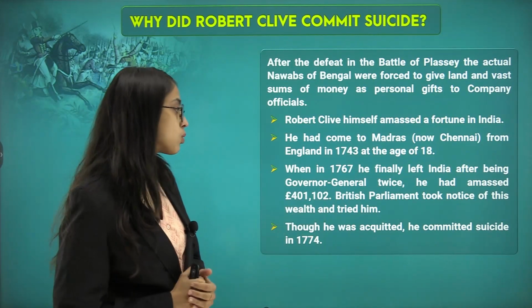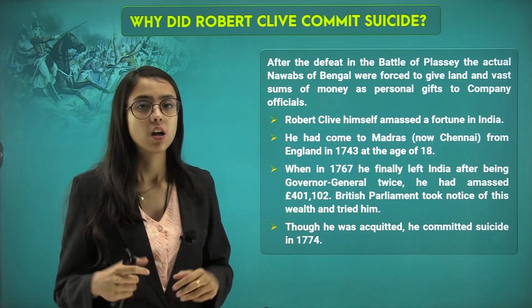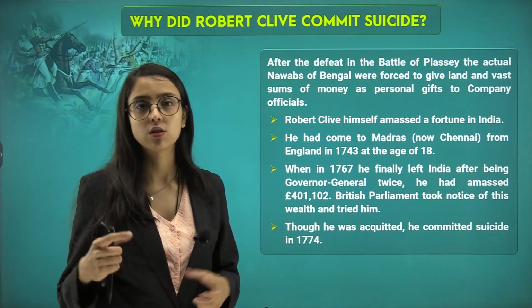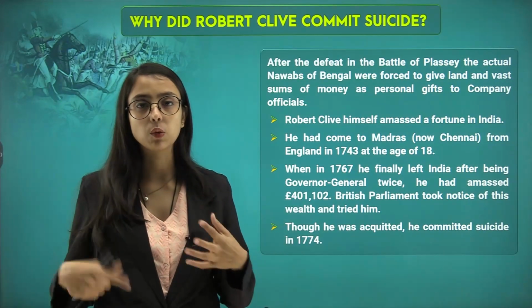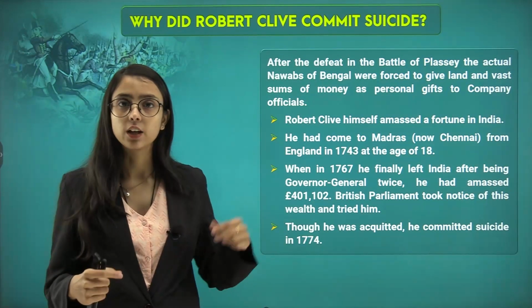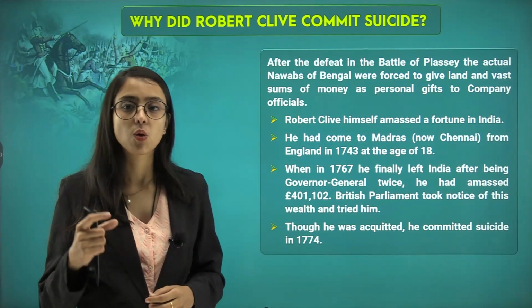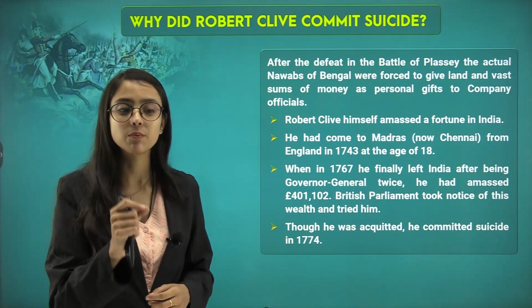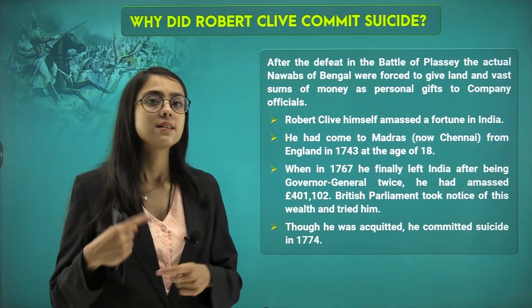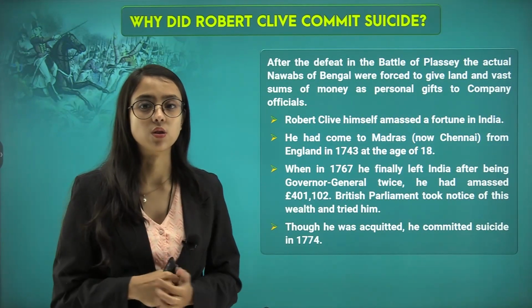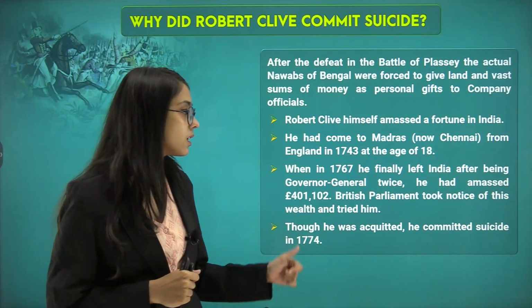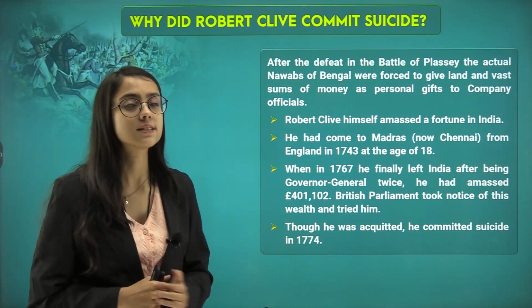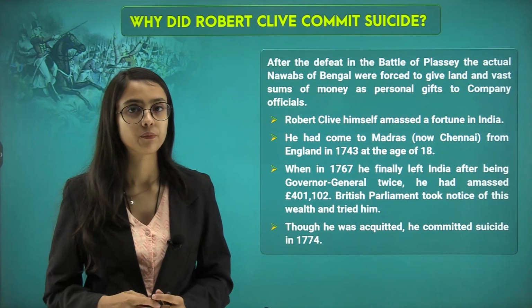The British Parliament took notice of this wealth and tried him. Of course, there must be something wrong. Nobody can earn such a huge amount in such a short period of time. It was too much. So the British court and Parliament noticed that something was wrong here and set a trial on him in court. Though he was acquitted, he committed suicide later on, in 1774.